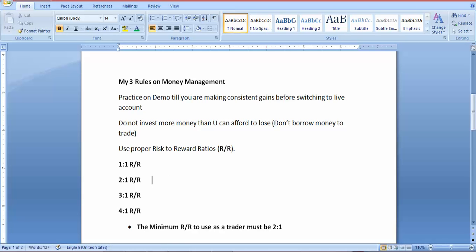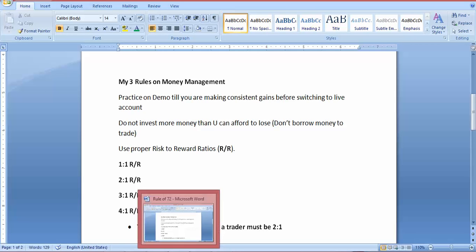Now when you are doing 3:1, it means that if your profit is $100, your risk is $33. Get it? For 3:1 risk to reward ratio. So if you win 6 trades, that will be $600 minus 33 times 4.